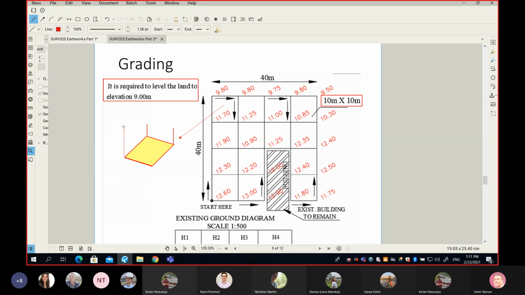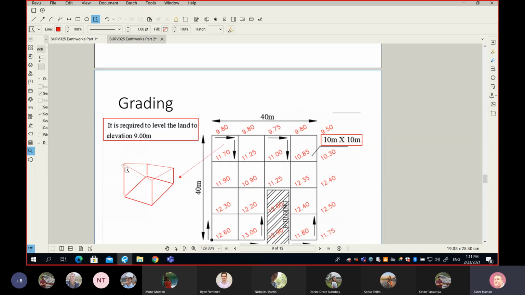Next, I will connect these points, from this point to this point, to this point, to this point, and to this point here, and I will give it a different color, let's say green. The green is simply your existing surface. You want to take this green and bring it to elevation 9.